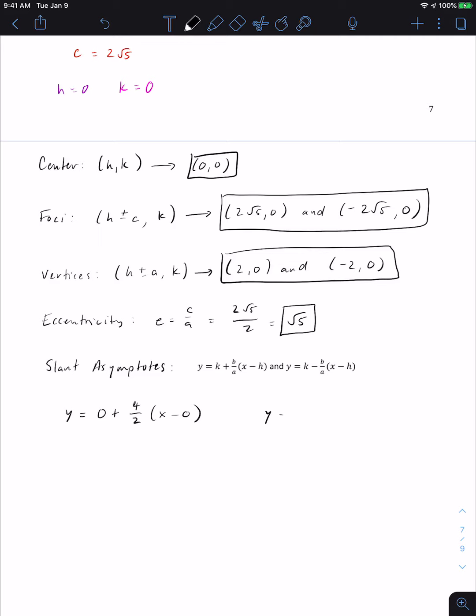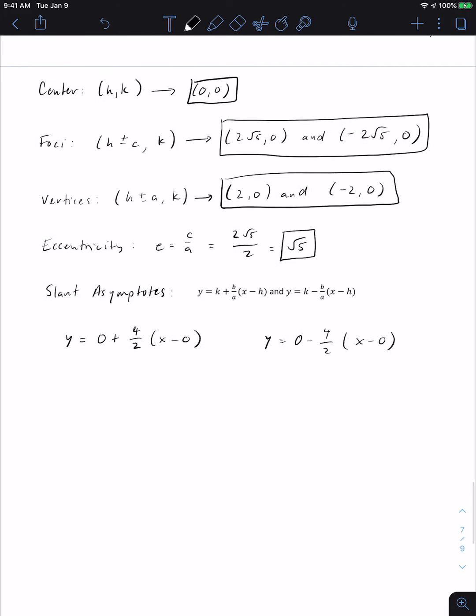And then for the other one, it's y equals k, 0, minus b, which is 4 over 2, x minus 0. So simplifying this, I just get y equals 2x and y equals negative 2x, right? They're always going to have opposite slopes.